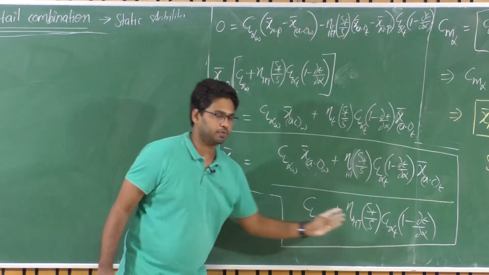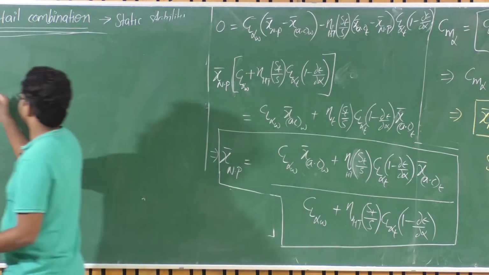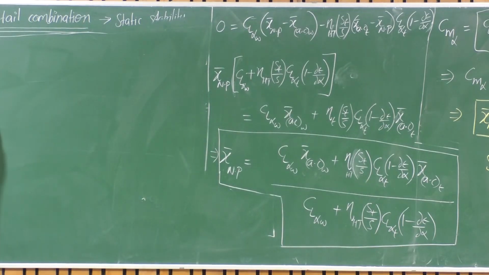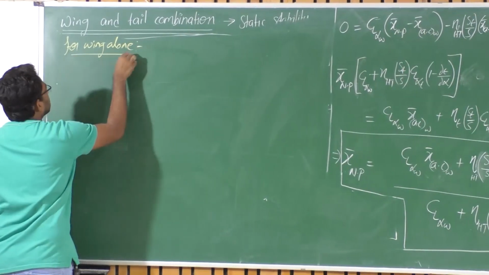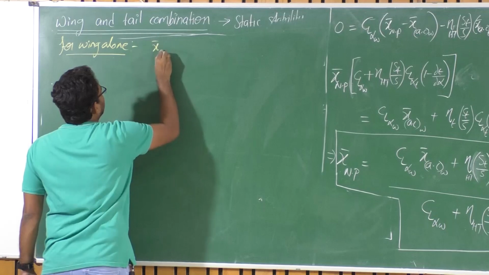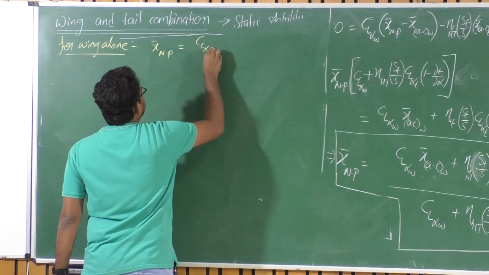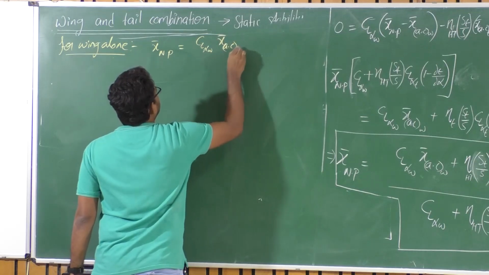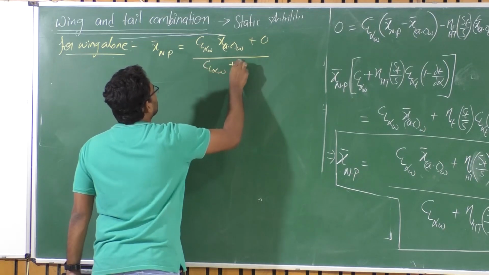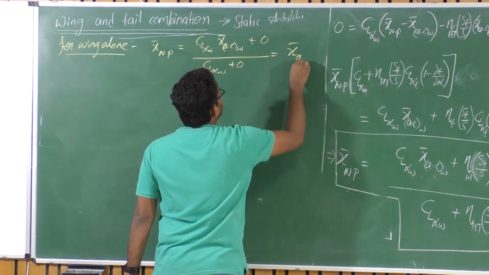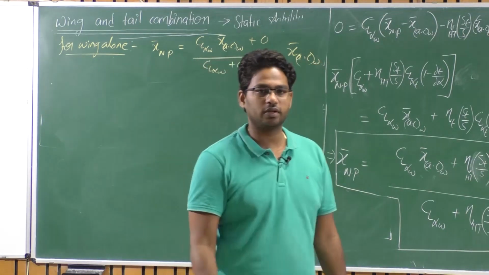What I have is x NP equals x AC for wing alone. x bar NP is equal to CL alpha wing times x bar AC of wing plus 0, upon CL alpha of wing plus 0, which is equal to x bar AC of wing. So for a wing alone configuration, the neutral point is nothing but the aerodynamic center of the wing.